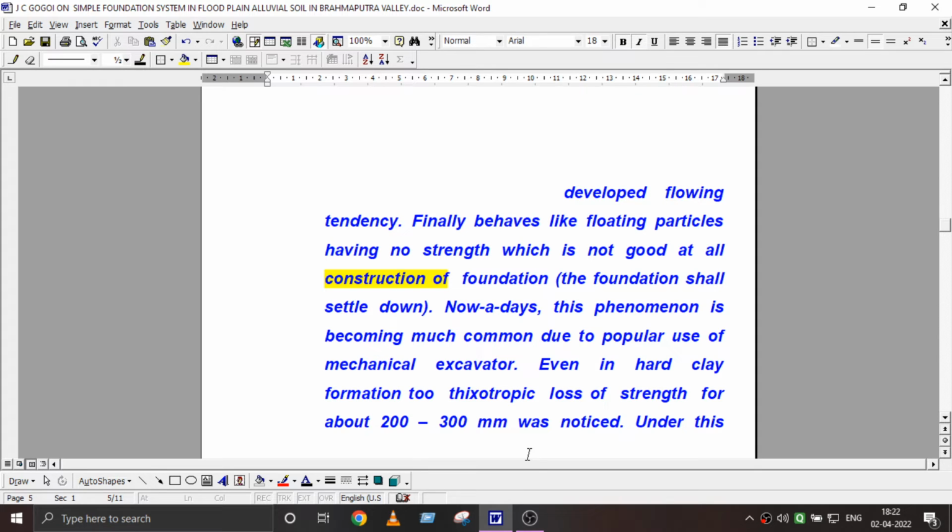It does not give much time to shear the soil formation between the mother part and excavated part. So automatically the entire soil will be disturbed.